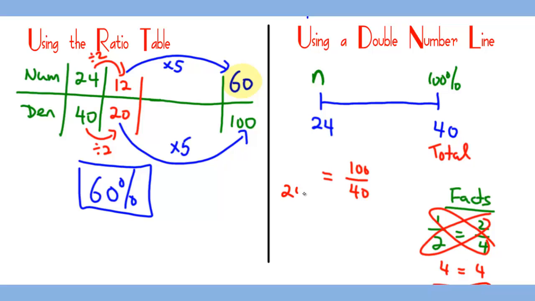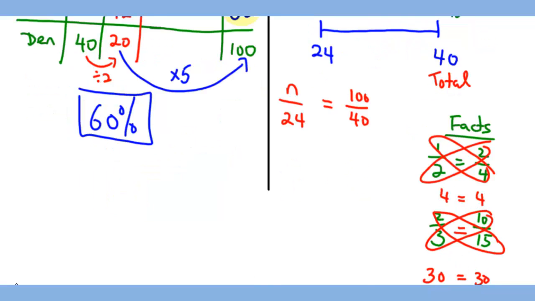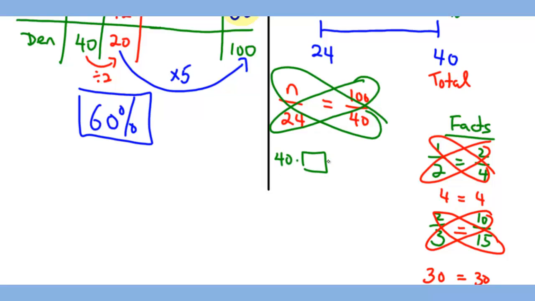So coming back to the question, if 40 is 100%, and 24 is to a percent that you don't know, you can use cross products to find the unknown. Because they are equivalent, their cross products should be the same. That means 40 times a number should give you 2,400. How do you find this number? You use something called the inverse operation.